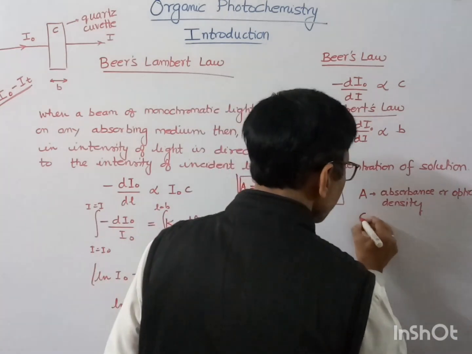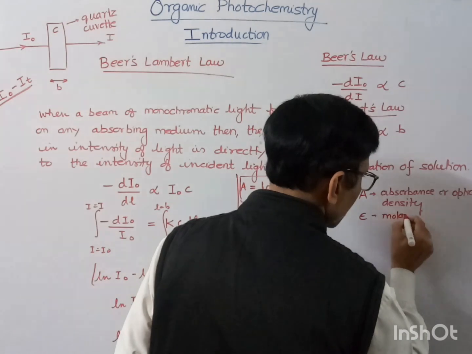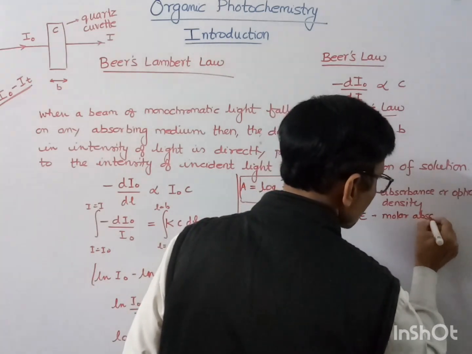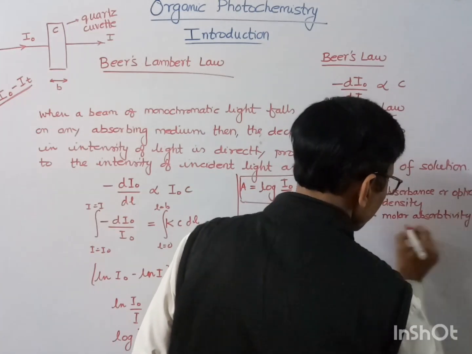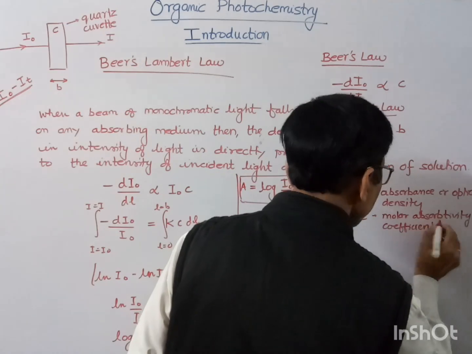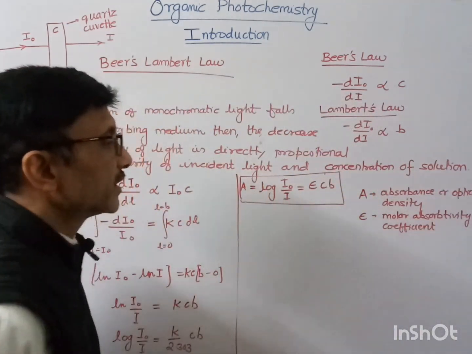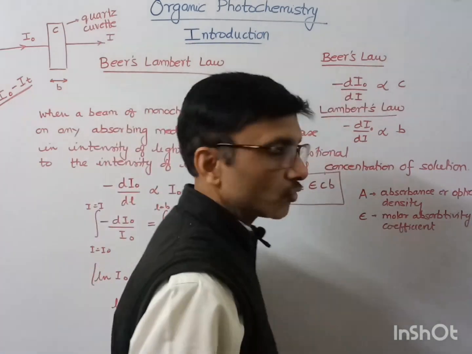Epsilon naught is the molar absorptivity coefficient, also called the extinction coefficient.